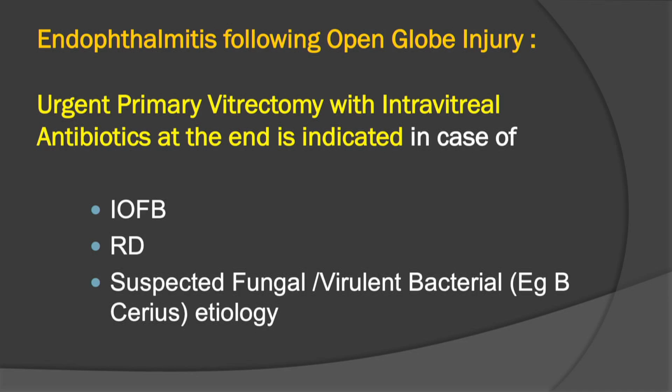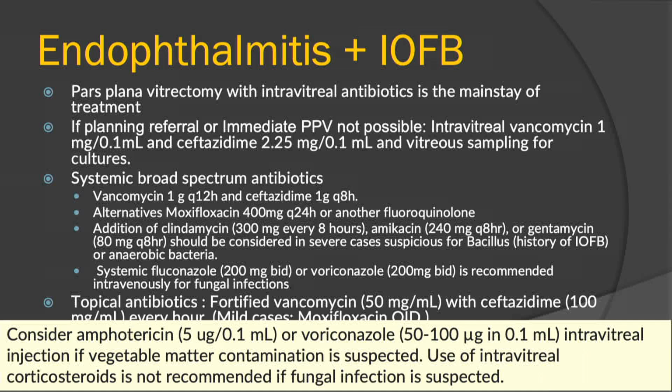These are when there is an intraocular foreign body, when there is a retinal detachment, when there is a suspected fungal or a virulent bacterial organism like Bacillus cereus. No confusion here. You need to go in with an urgent primary vitrectomy with intravitreal antibiotics at the end. So pars plana vitrectomy with intravitreal antibiotics is the mainstay of treatment.